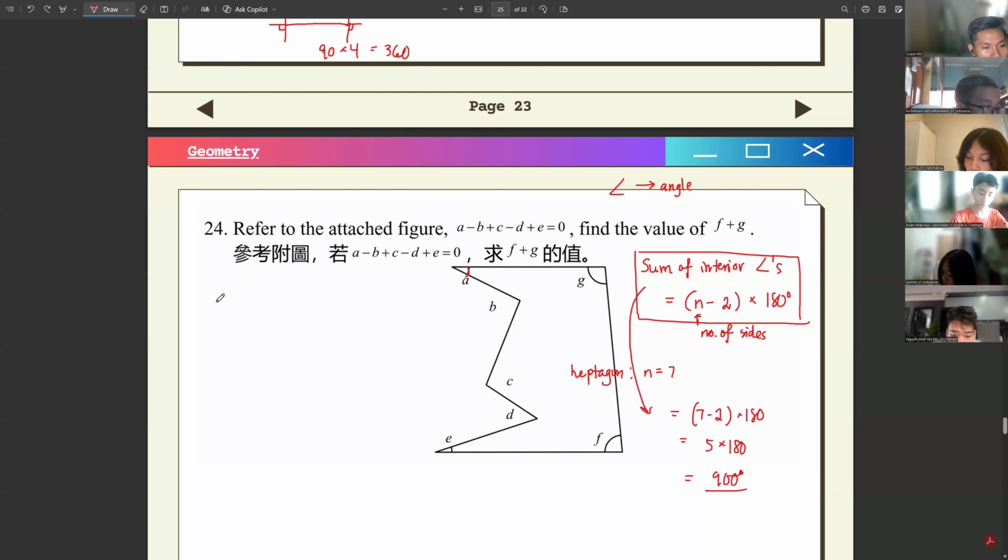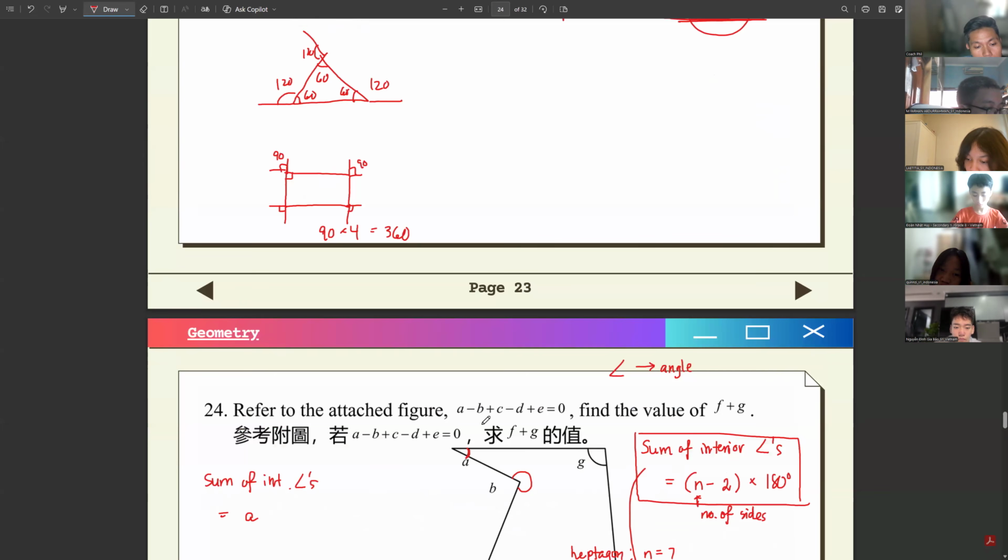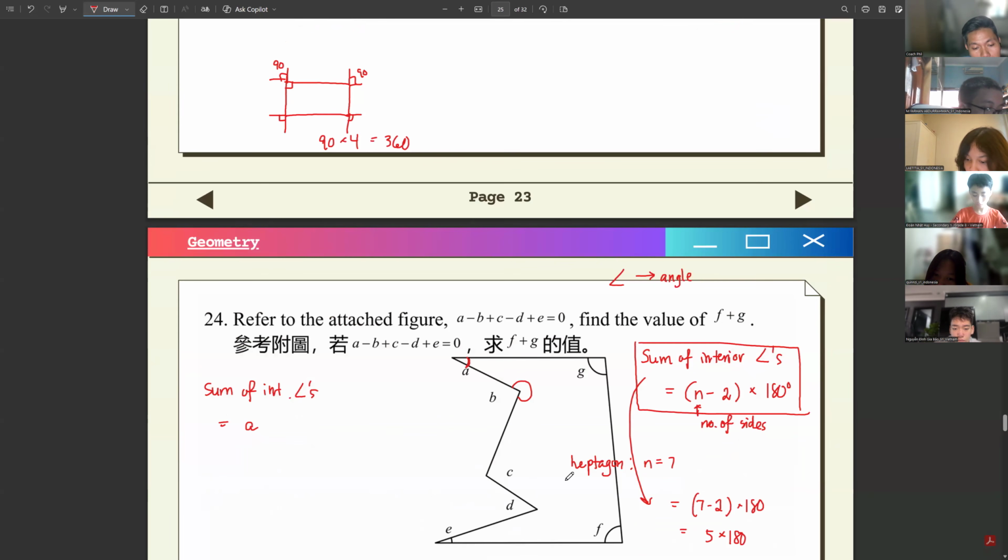identify first what are the interior angles here for this particular figure. We have this one. This is A, right? This one is also an interior angle. By the way, this is an example of a concave polygon that I mentioned earlier, right? Because there are some vertices that go inward.